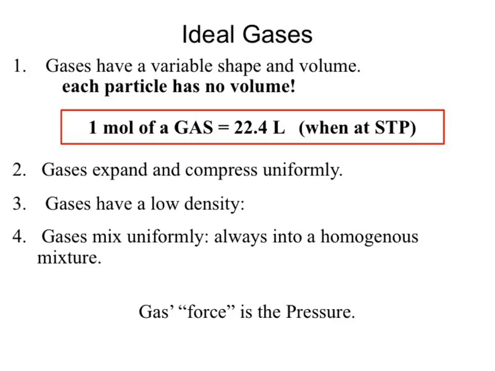You find that 1 mole of a gas, so if I take 6.022 times 10 to the 23rd atoms of hydrogen and 6.022 times 10 to the 23rd atoms of polonium, in their gas phase, they occupy the exact same volume.